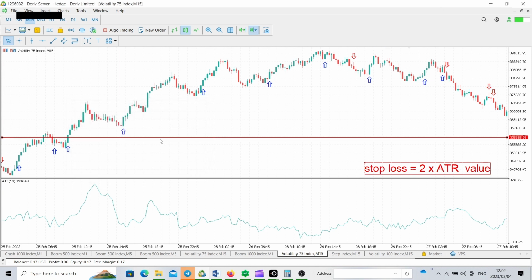This will give us our stop loss. So at this particular point, our stop loss will be here. That's basically how we're going to be placing our stop loss. Don't worry about this. I'm going to make a separate video where I will explain how the ATR can be used to set stop loss.